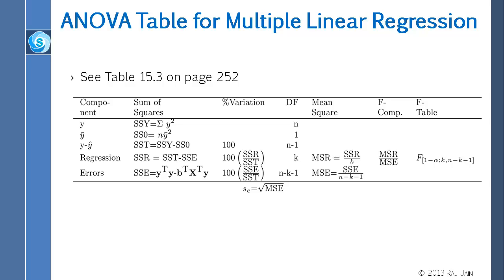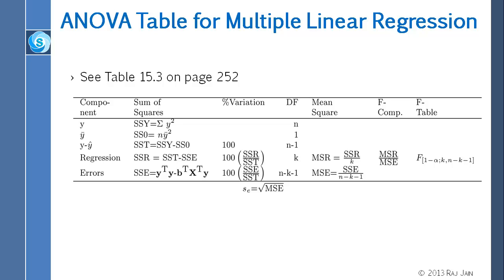Once we know SSR, we can take the ratio, which tells us what percentage of the variation is explained by the regression and what percentage is errors. If we divide by the degrees of freedom, we get the mean squared errors and mean squared regression. If we take the ratio of those two, we can compare it with the F value in the table to figure out whether this ratio is too high or too low.